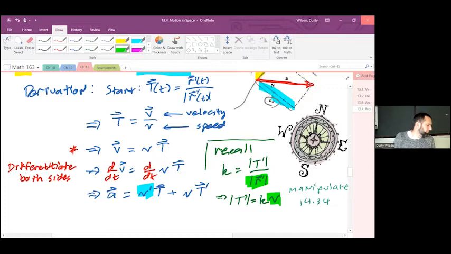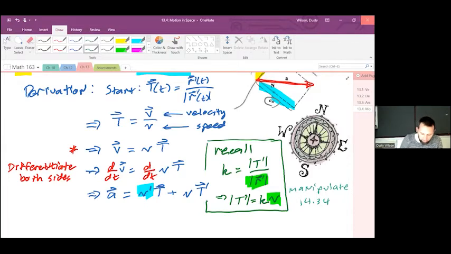Okay. And also, here's one thing we remember. We also want to remember that N is defined as T prime over the magnitude of T prime.